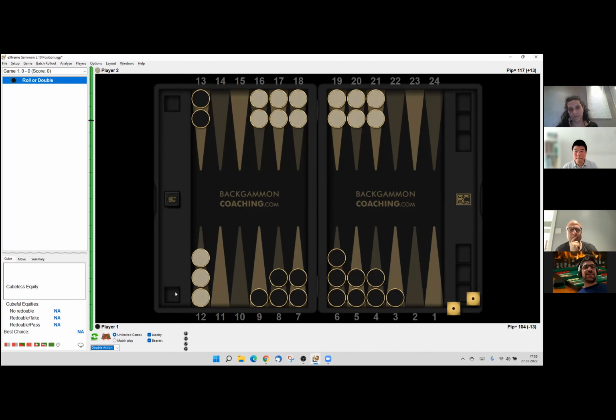Of course, if you play a match, and let's say it would be an 11-point match and white would be winning, let's say 9-4, for example, then of course the cube can be adjusted. Let's say it's 9-4.